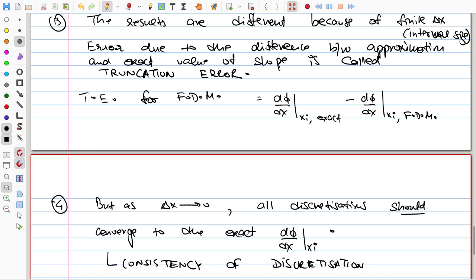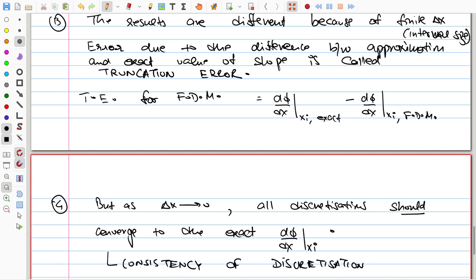And sometimes we actually live with non-consistent schemes because they are much more numerically stable. We say that we will introduce an error knowingly by using a scheme which is inconsistent, but it has the benefit of giving a method which is much more numerically stable.